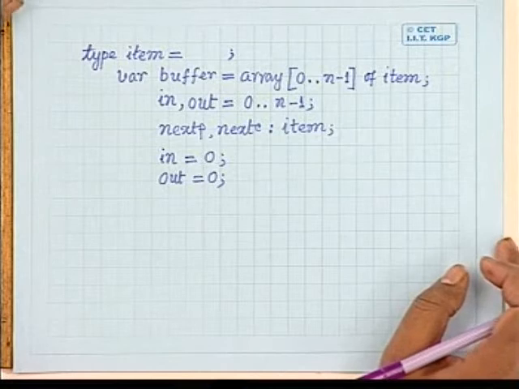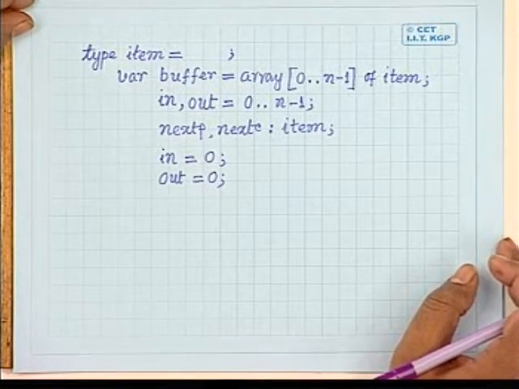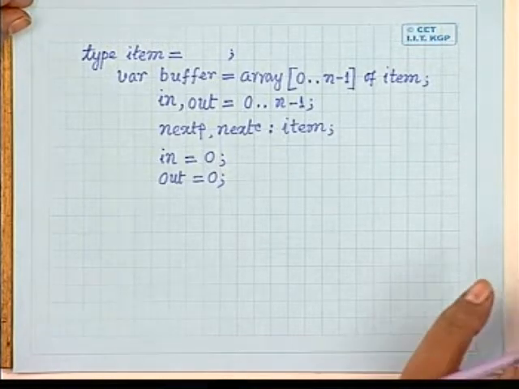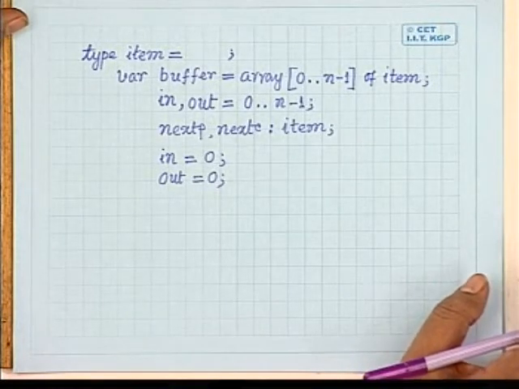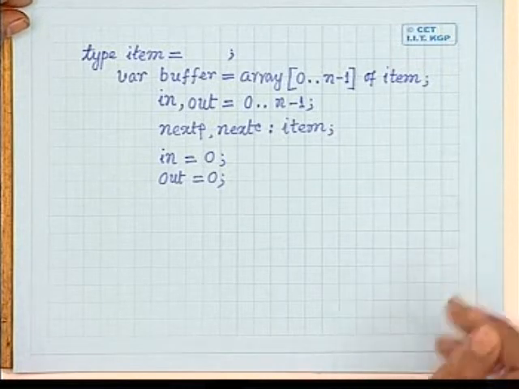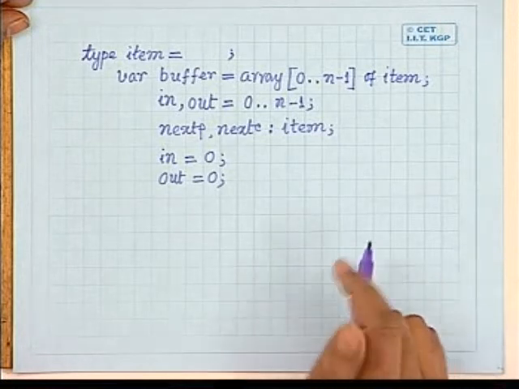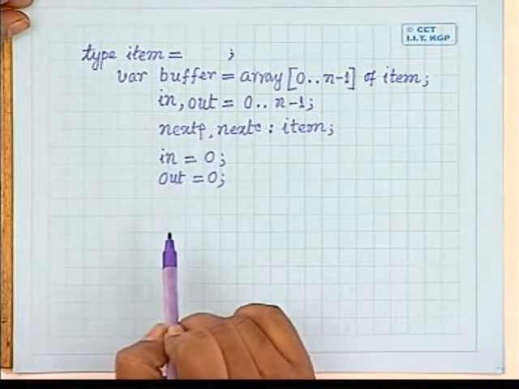So the buffering concept that we will use in this case, we'll assume that it's a circular buffer. And those who have attended the last lecture on data structure know what a circular buffer is. It is not physically circular, it is linear, but logically we use it as circular by making increments on these pointers in and out using modular arithmetic.